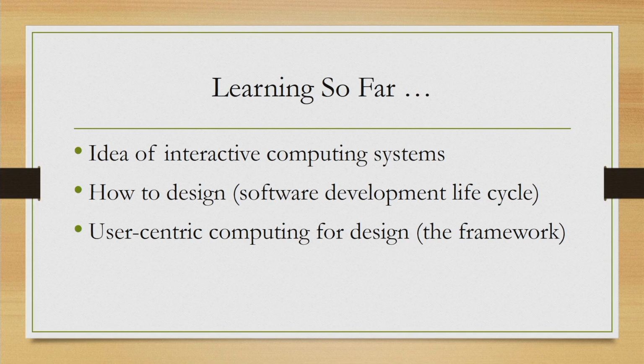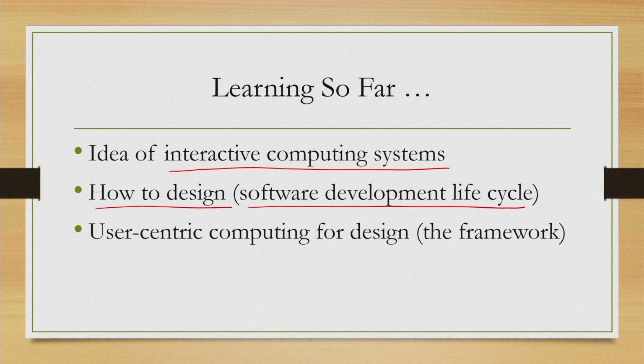So, if we recollect, in the previous 24 lectures, we have learned about the idea of interactive computing systems, a broad idea. This was followed by how to design an interactive computing system. More specifically, we focused on the use of software development life cycle to build interactive computing systems.